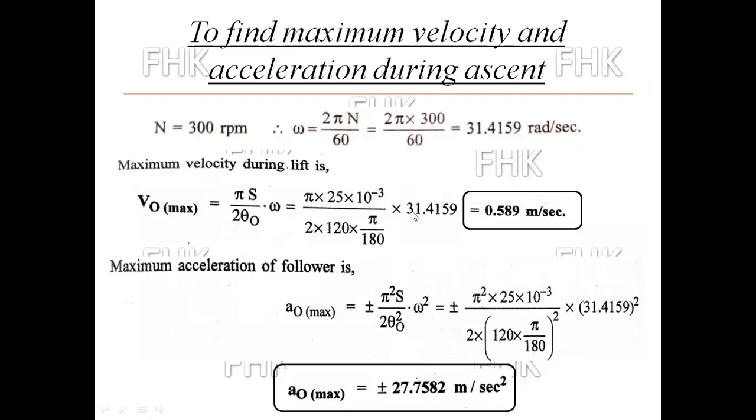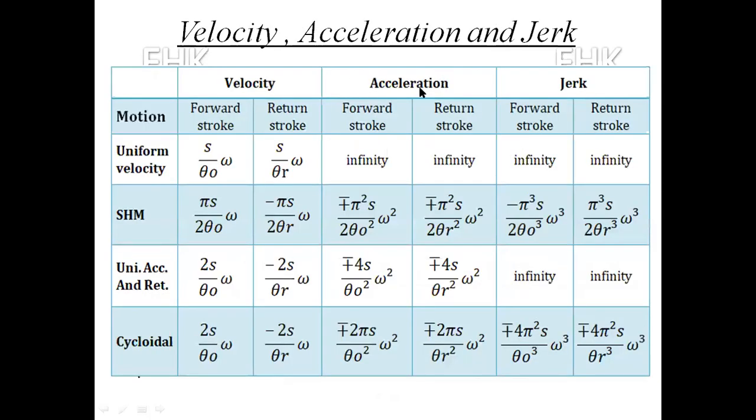The value of omega is 31.4159. After calculating the velocity during the outward stroke, I am getting 0.589 meter per second. And now the maximum acceleration of the follower during the outward stroke, when the motion of the follower is simple harmonic motion again.